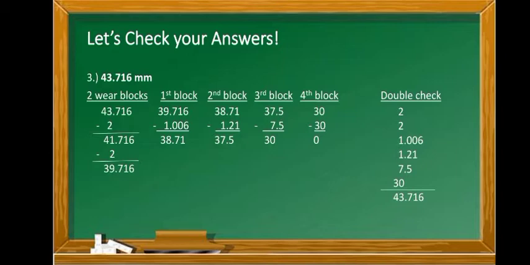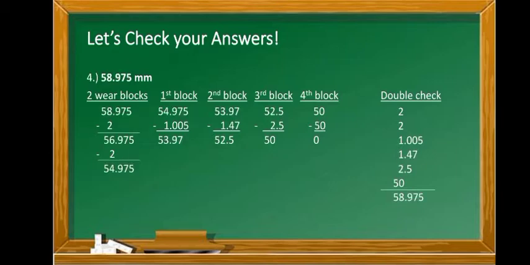So, for the fourth, our remaining length is 30. We subtract 30 millimeters, which is the fourth selected block, and it is equal to 0. So, again, double check by adding all the blocks, and it will result in the desired length combination, which is 43.716.